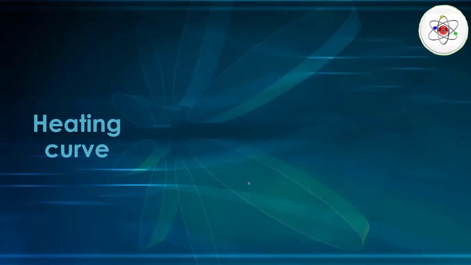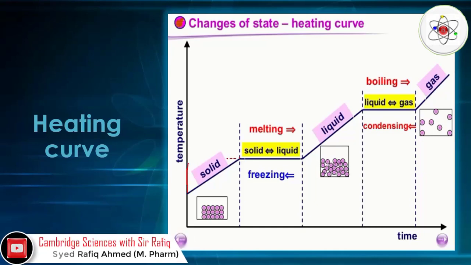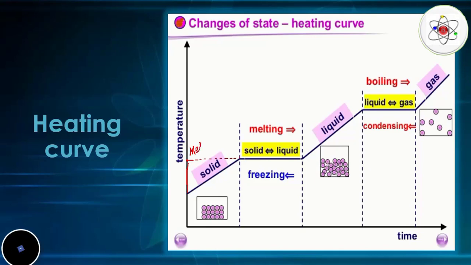Coming to the heating and cooling curve now. So this is the heating curve, the same idea which we discussed in the previous slide. It is a solid, and when we heat a solid, the temperature increases until a point is reached when solid particles start changing into liquid, and this point is called the melting point.